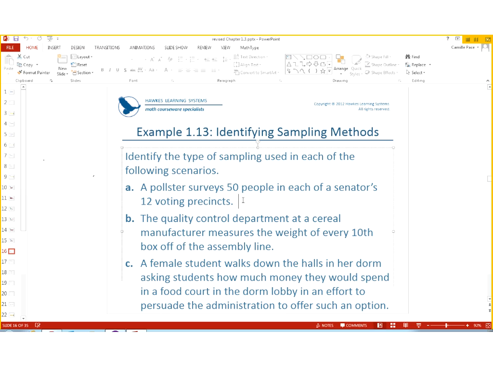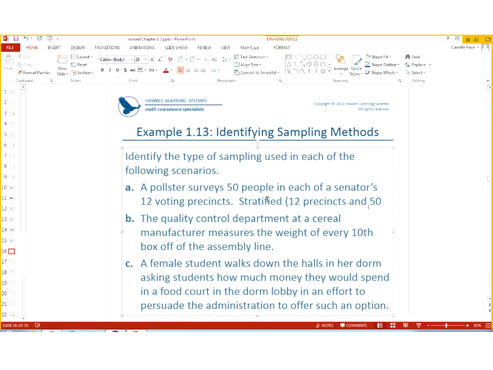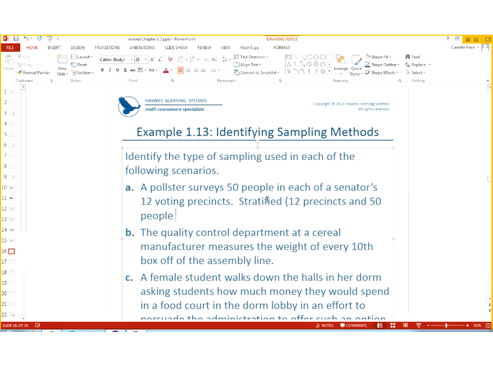So that is going to be stratified, because we took their 12 precincts and 50 from each, each precinct. Okay, I hope that helps for that one. That's stratified.